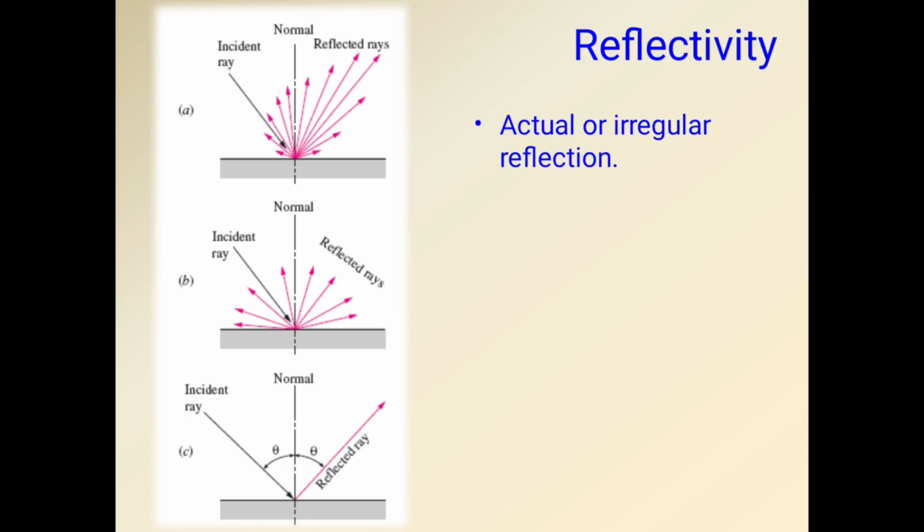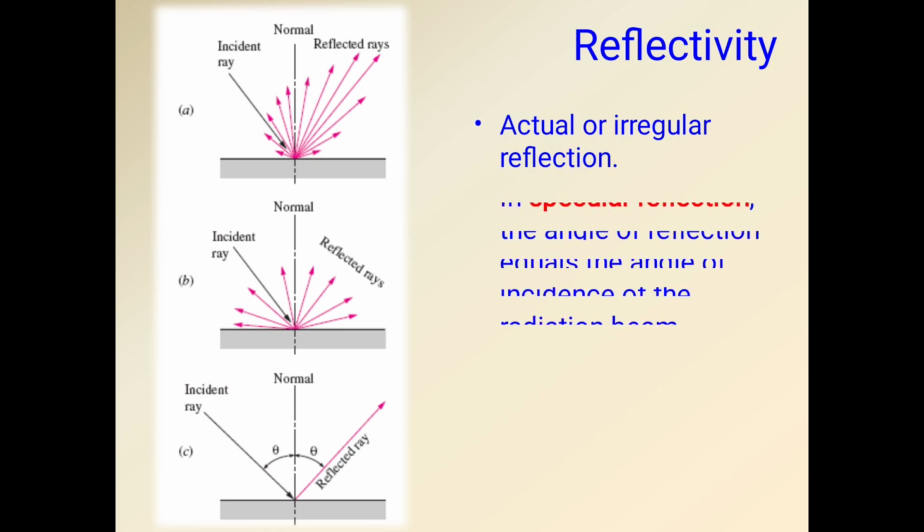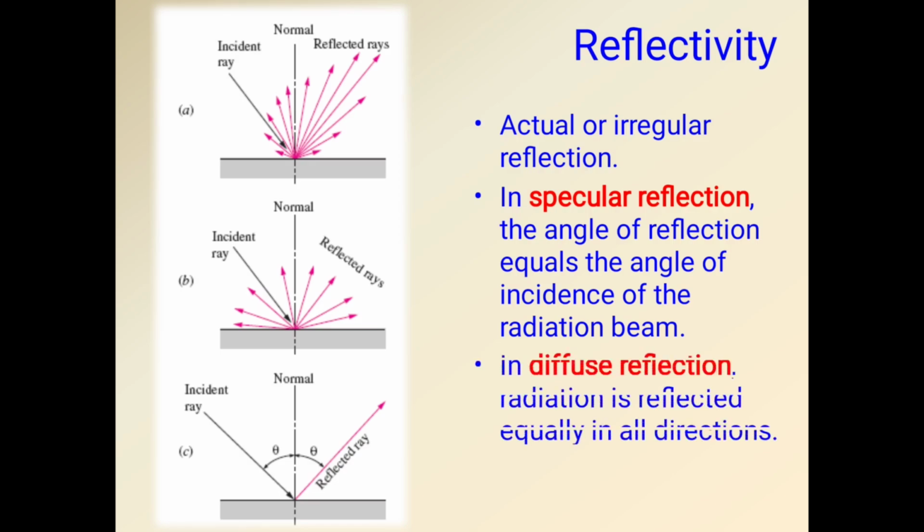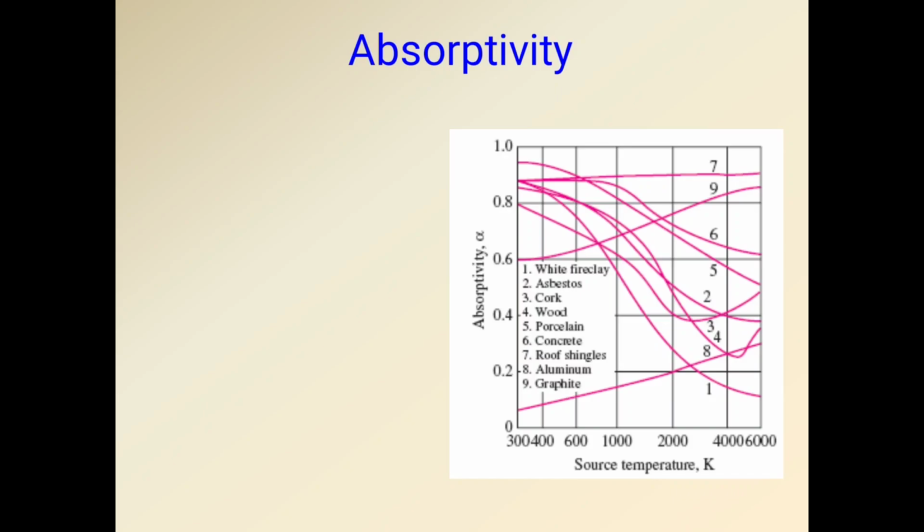Reflectivity: an irregular reflection is shown in the first diagram, and then specular reflection is shown in the second diagram. The angle of reflection equals the angle of incidence of a radiation beam. And next one is diffuse reflection. Radiation is reflected equally in all directions.